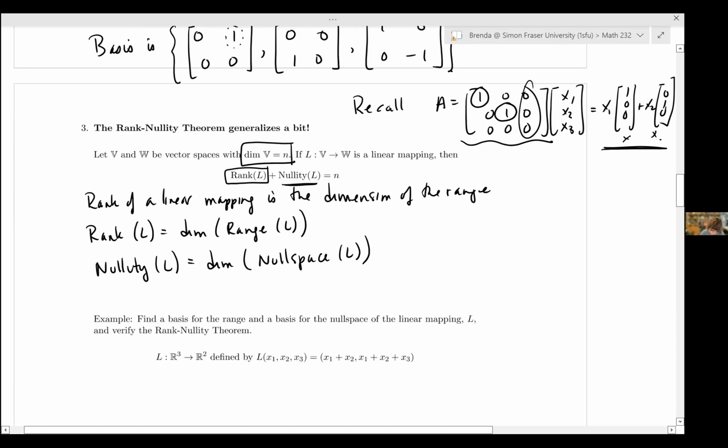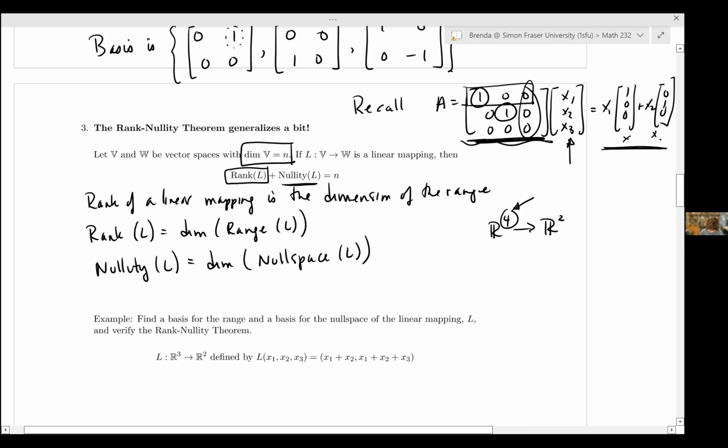If we have a mapping from say R4 to R2, then this has been the value of n, right? That is what n is. Like in this case here, n is 3, right? It's this size right here.